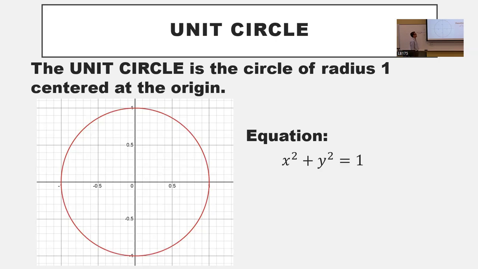So every point on that unit circle satisfies the equation x squared plus y squared is equal to 1. Every point is a distance 1 away from the origin. We understand why the equation has to be this way. Let me write that on the board before I hit the wrapping function.